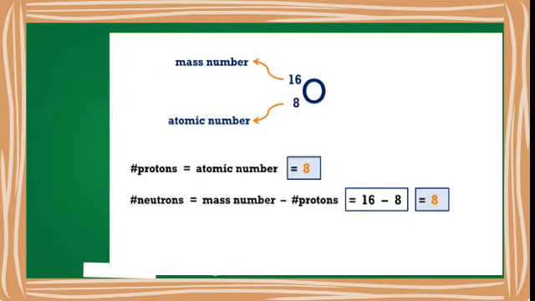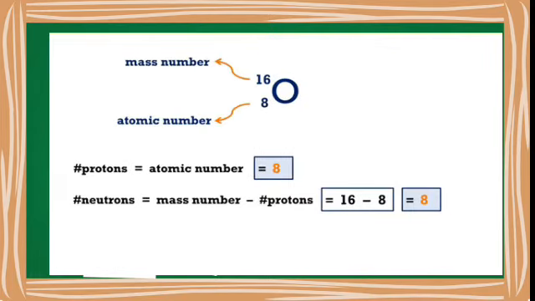Now, let's go to the number of electrons. Since oxygen is a neutral atom, it means the number of electrons is equal to the number of protons. It means oxygen in this example has 8 electrons.